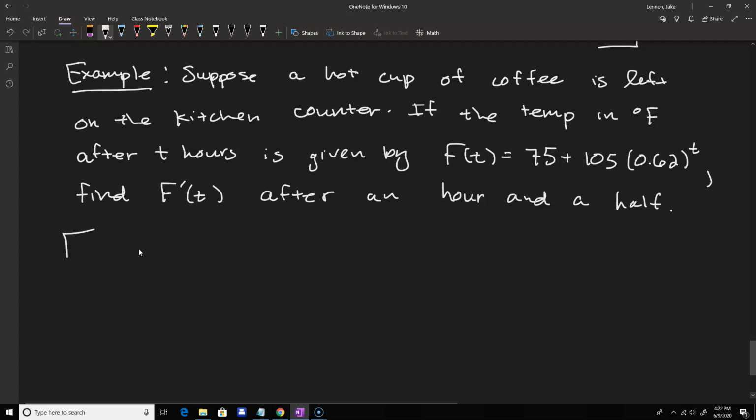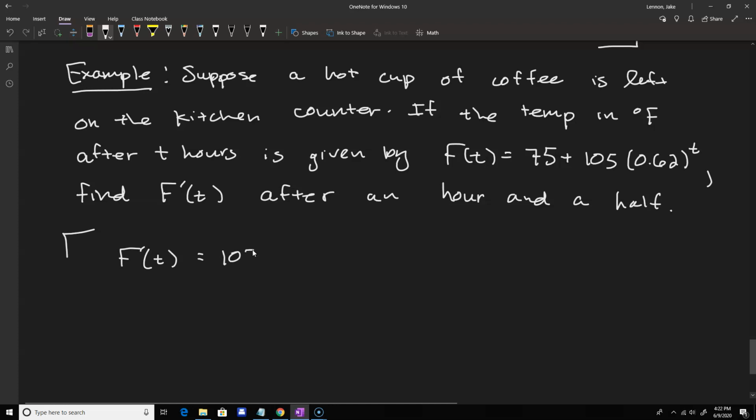Again, this one actually doesn't require too much in terms of the chain rule. It's in the chain rule section, I'm not sure why, but remember the derivative of 0.62 to the t is just an exponential function with base 0.62, so it's going to have an extra factor of the natural log. So F prime of t here, the derivative of 75 is 0, so that goes away.